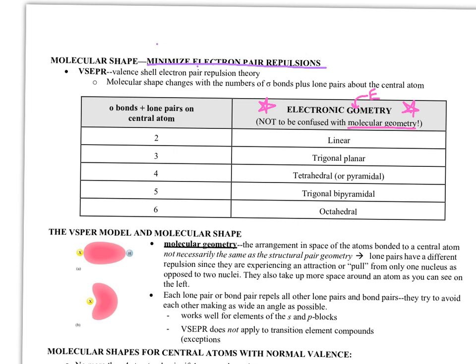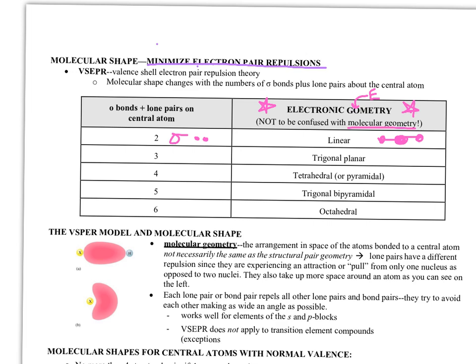When I have two pairs of anything, so in this case like a sigma bond and a lone pair, anytime you have two things around your central atom, it could be two sigma bonds, whatever it is, that's going to be a linear electron geometry. So let's say I have something single bonded like this, that's just two things around my center.